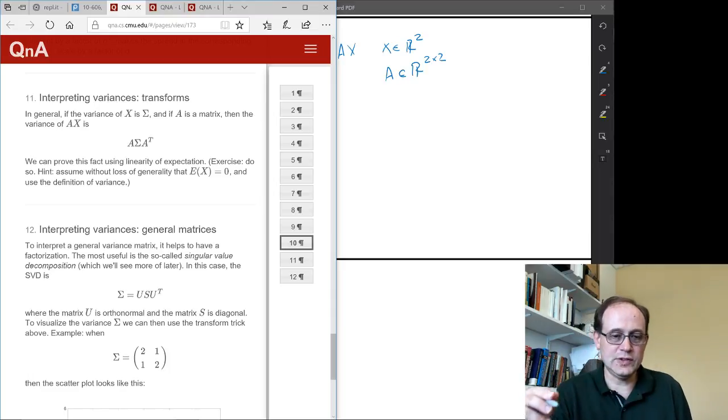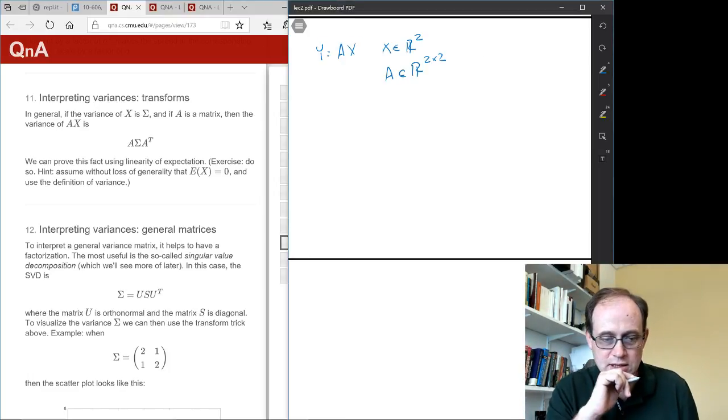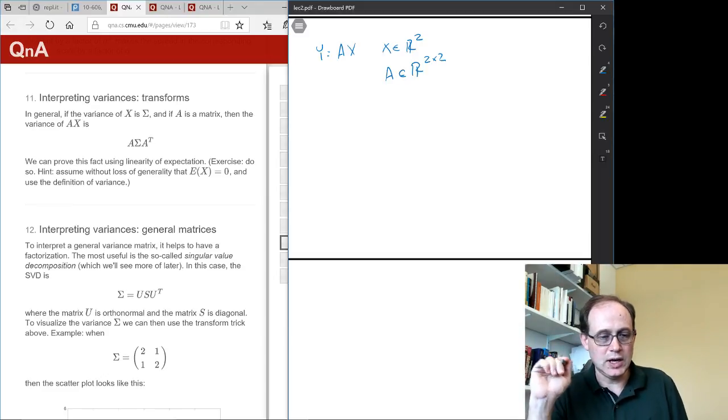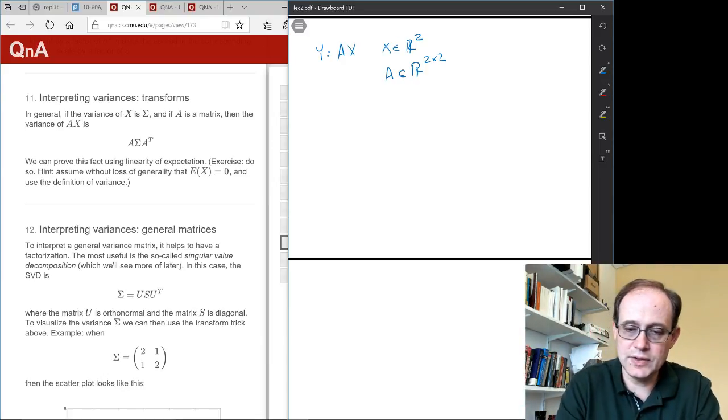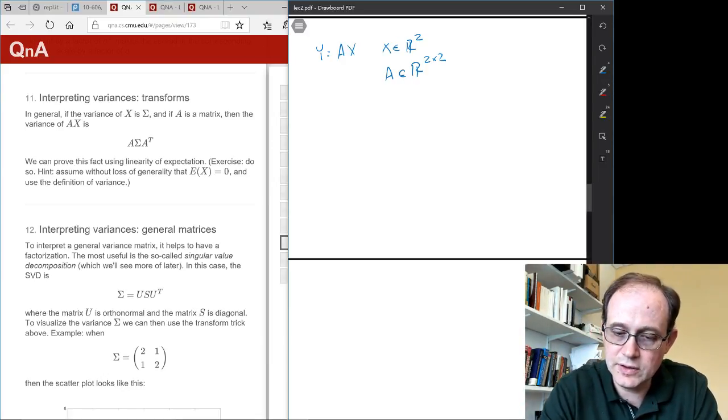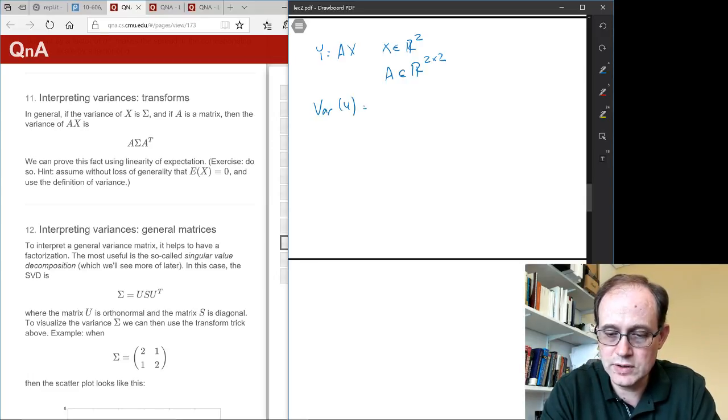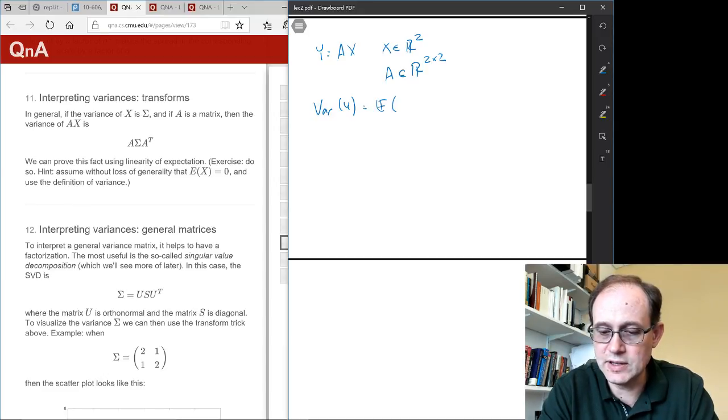So all right, let's just do that proof, because it's kind of a neat little proof. So the definition of variance, right? We have that the variance of y is equal to the expected value of y minus the mean of y times y minus the mean of y transpose, right?